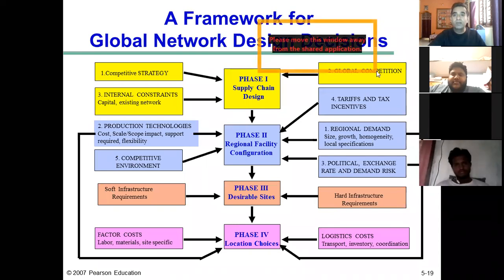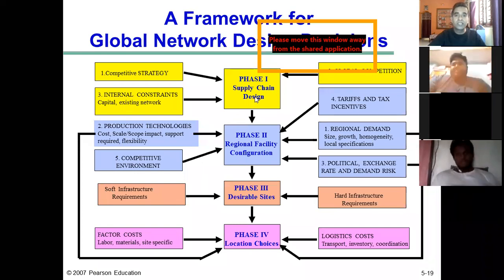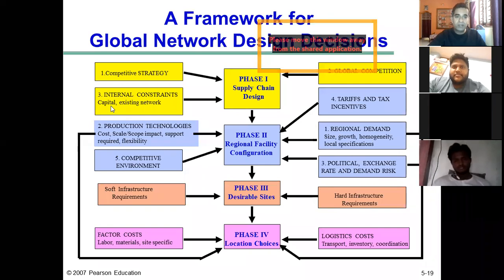So indirectly they will be competing against the local restaurants as well. So all these factors have to be taken into account while designing the supply chain. Then the third factor, internal constraints, like capital available or how much capital they need to arrange, and the existing network of the company, if any. All these factors have to be taken into account before designing the supply chain in phase 1.